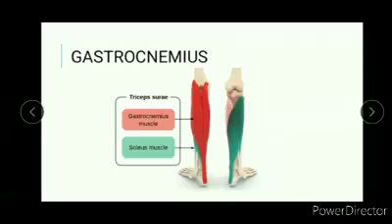The last muscle is gastrocnemius, which is a strong plantar flexor, but because it crosses the knee joint posteriorly, originating from the medial and lateral femoral condyles, it also acts as a weak knee flexor. It merges with the soleus to form the tendo Achilles, which gets inserted at the posterior tubercle of the calcaneum.